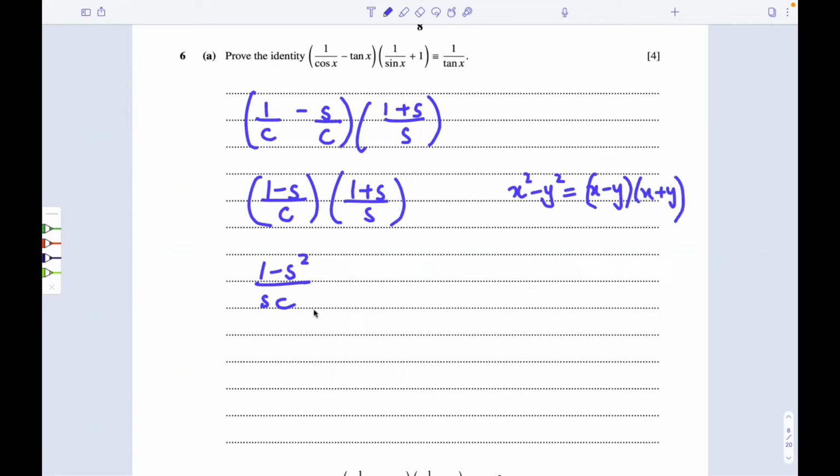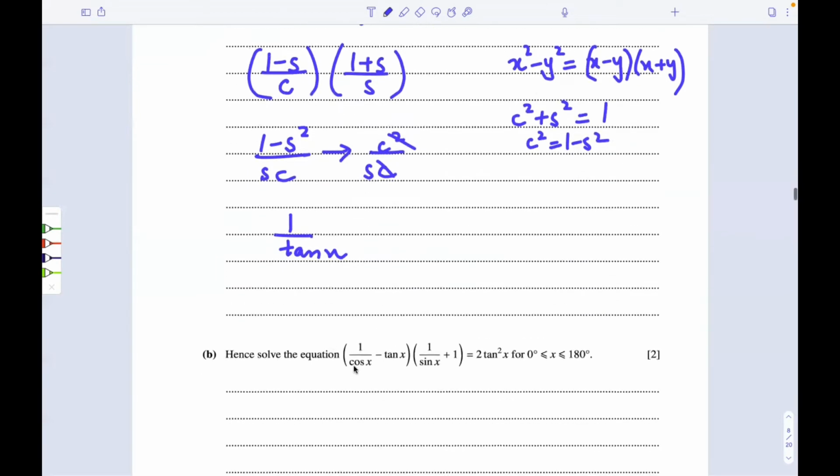Now we know that the identity for cos square plus sine square is equals to 1. So we know that cos square is 1 minus sine square. So in place of 1 minus sine square, we can replace it with cos squared. Cancelling cos and cos squared, we have cos upon sine, which is equals to 1 upon tan x.